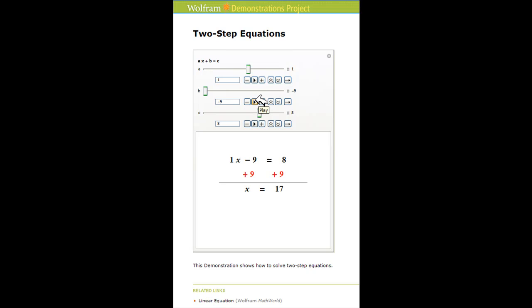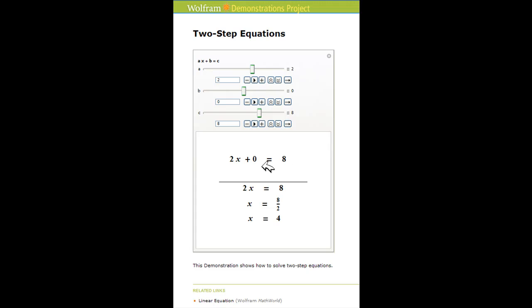Okay. Now let's change this to 0. And let's change a, the number in front of the x. Watch what happens here. So if I put a 2 there, 2 times what number plus 0 equals 8?